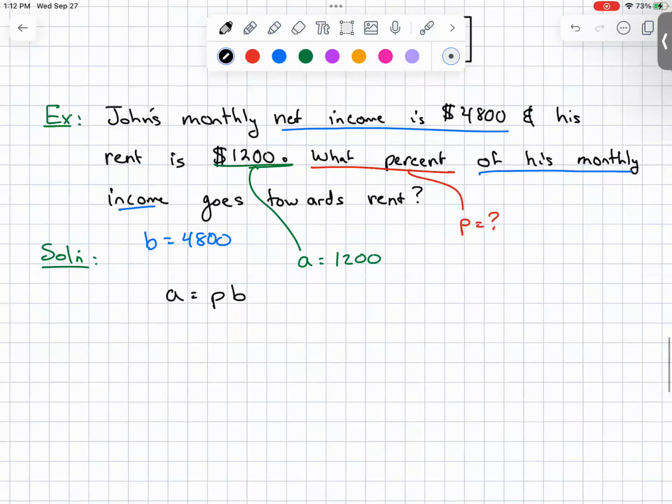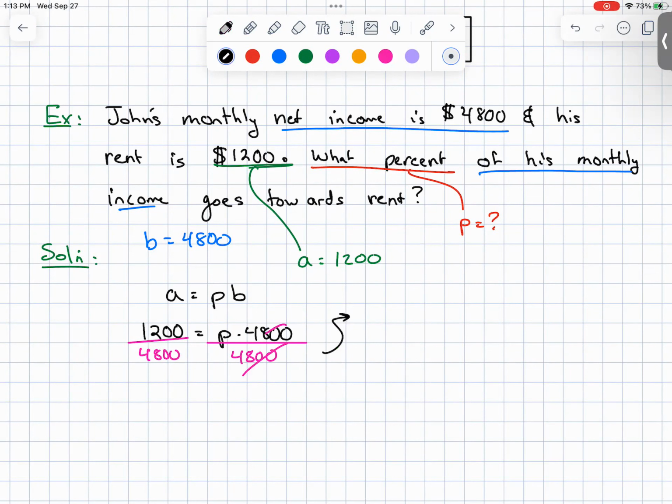So it's going to be 1,200 equal to P, which is unknown, times 4,800. And to solve for P, we have to undo the multiplication of 4,800. So we're going to divide by 4,800. Cancels it.